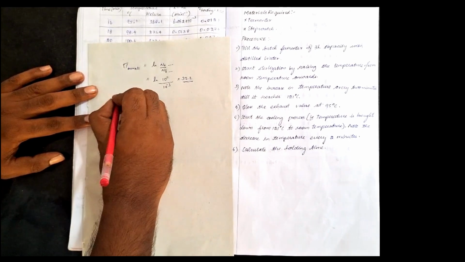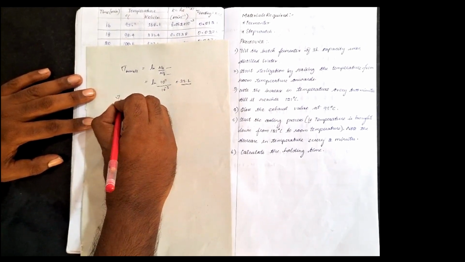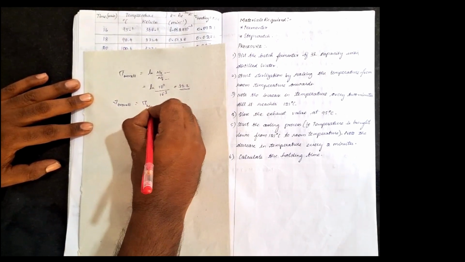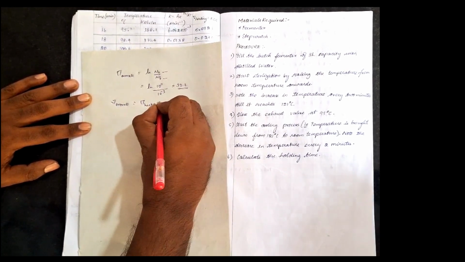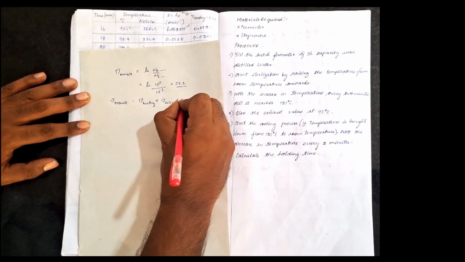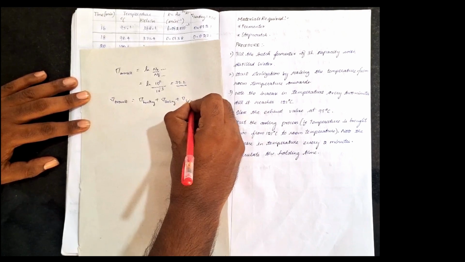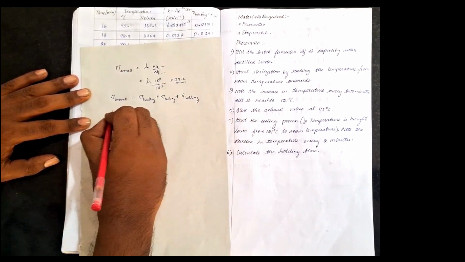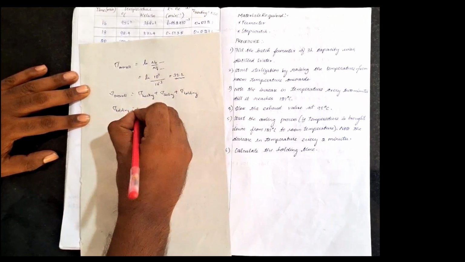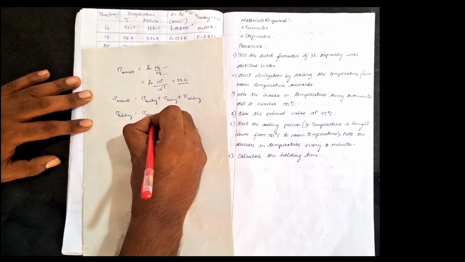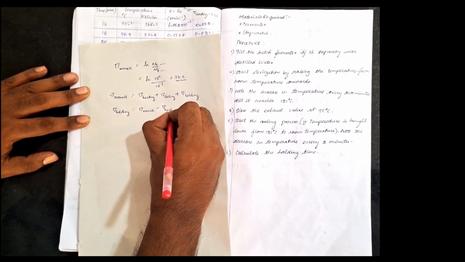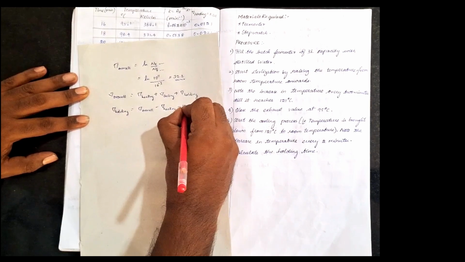So from the calculated values, del overall is equal to del heating plus del cooling plus del holding. From this equation, del holding is equal to del overall minus del heating minus del cooling.